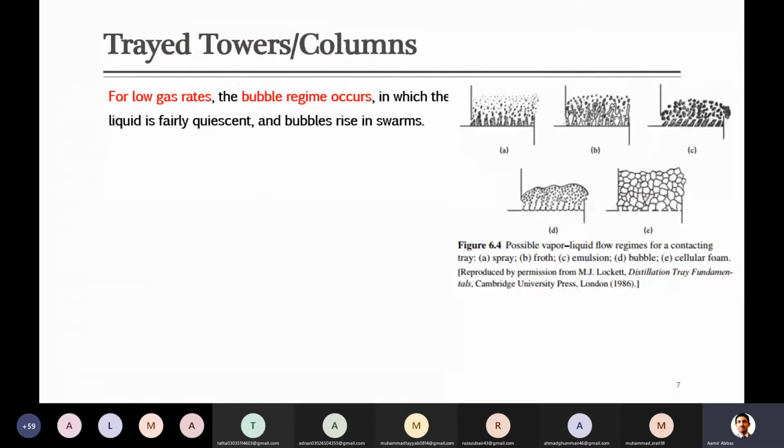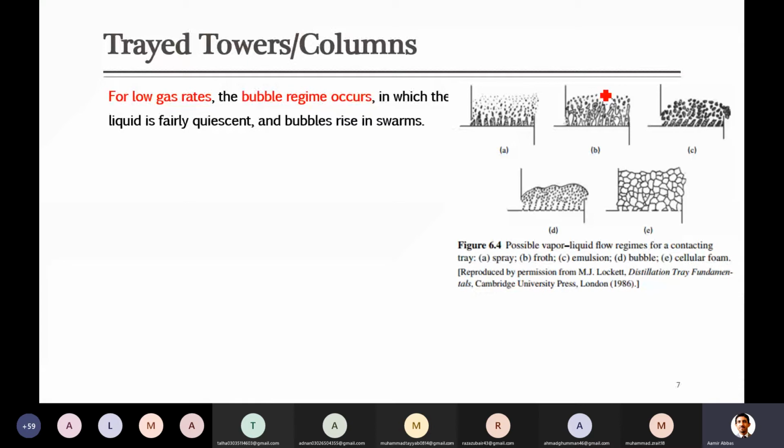The third one, mentioned here, is called the bubble regime. The bubble regime occurs when the liquid flow rate is enough, the liquid level is enough, but the gas flow rate is low. You may have seen a simple experiment in your classes, or maybe you perform such an experiment here, where a small amount of gas is passed through a liquid that is a constant stream.